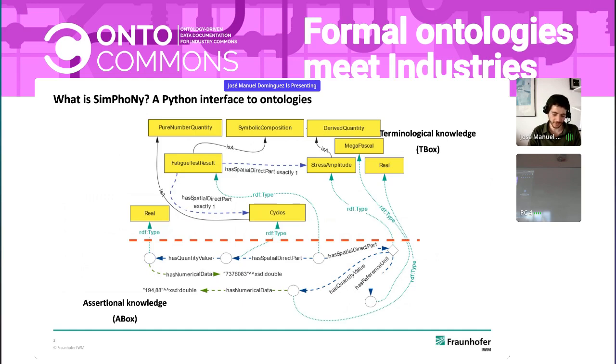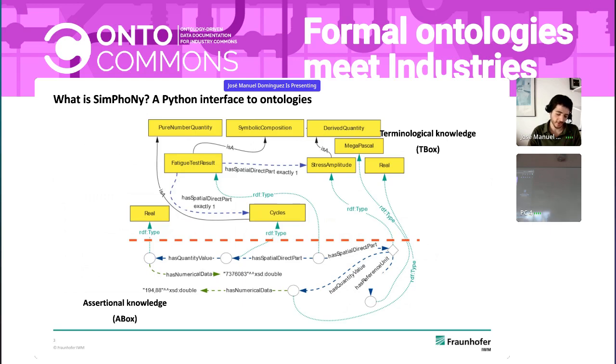Even before starting, I want to make a remark. There's a typical way to categorize the knowledge contained in ontologies, as follows. You define one category, which is terminological knowledge, or T-box typically called.